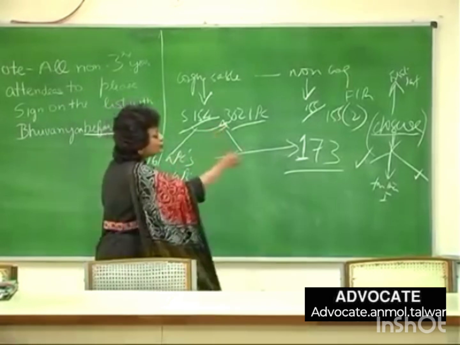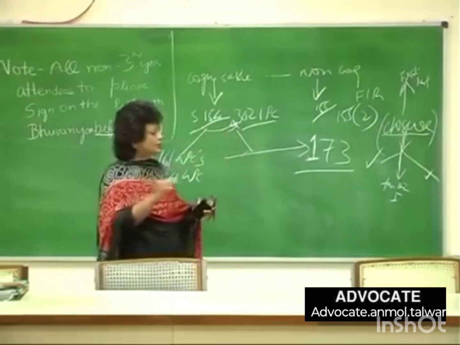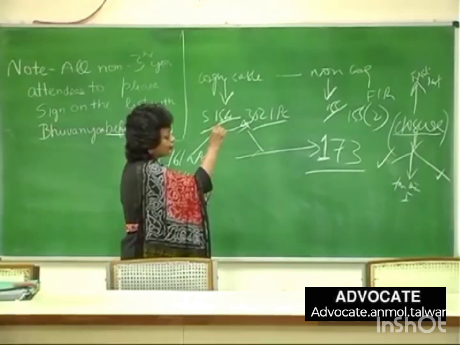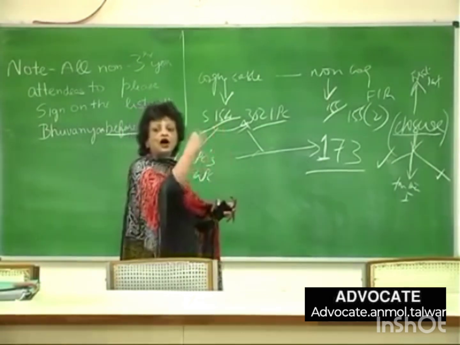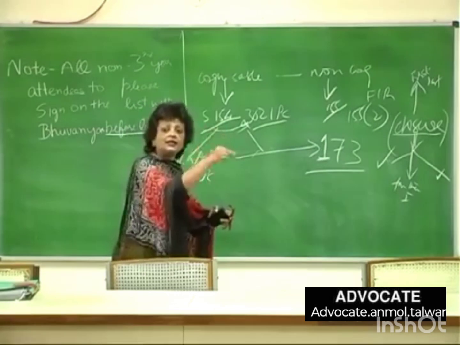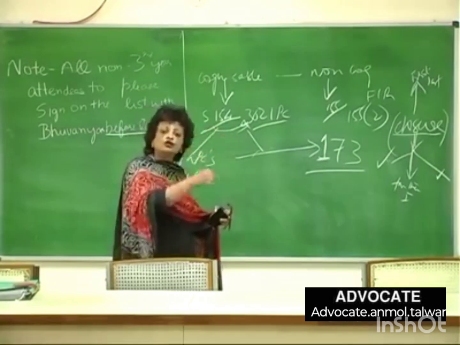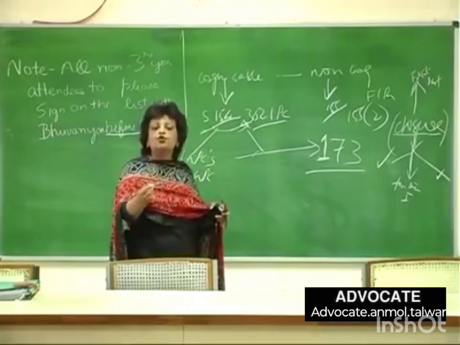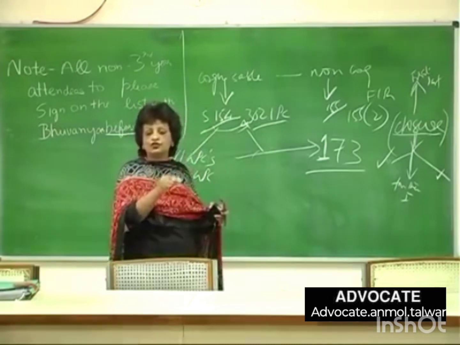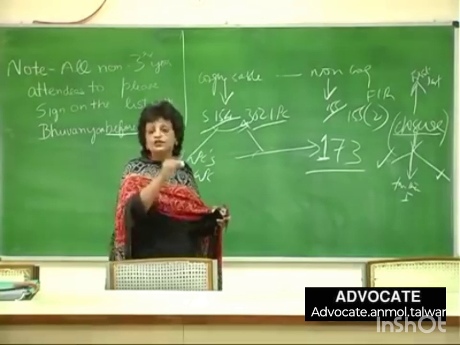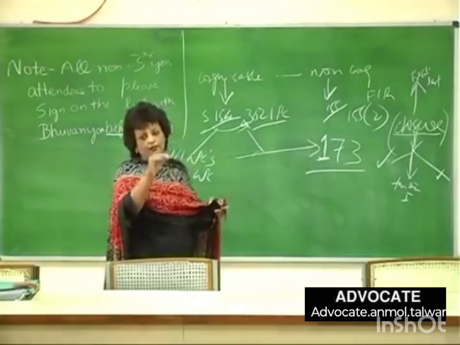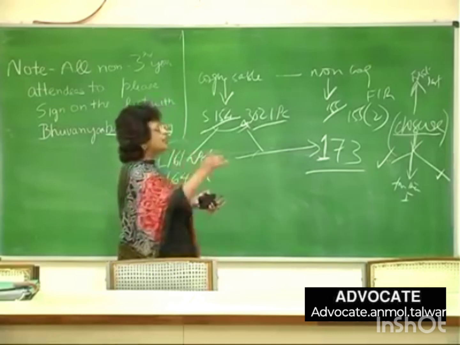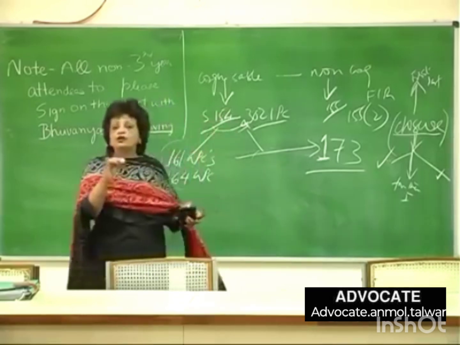So at the time the closure report is being considered, you have not only the investigating agency arguing before the court why the case should be closed, you also have the first informant stroke complainant who is brought there by a notice issued by a court opposing the closure report, more often than not, saying that the case ought not to be closed.